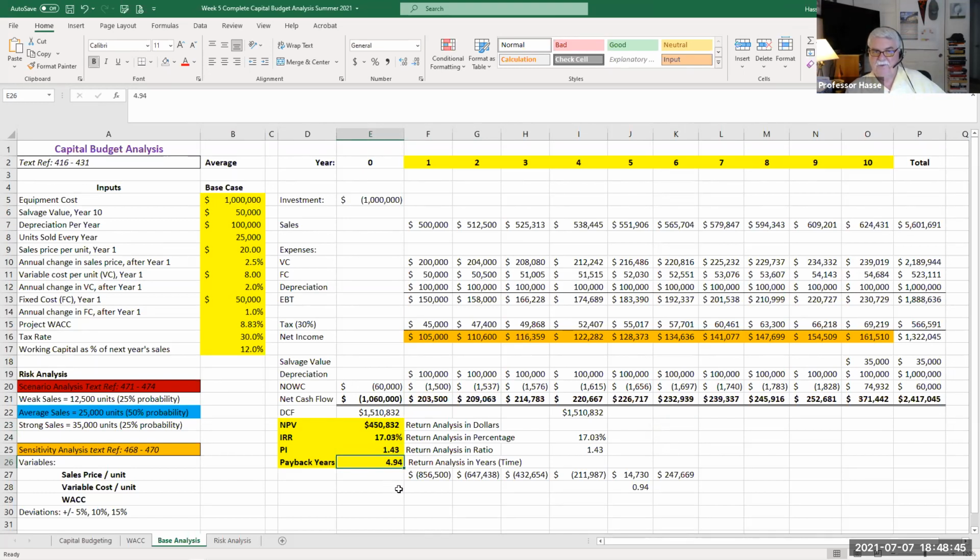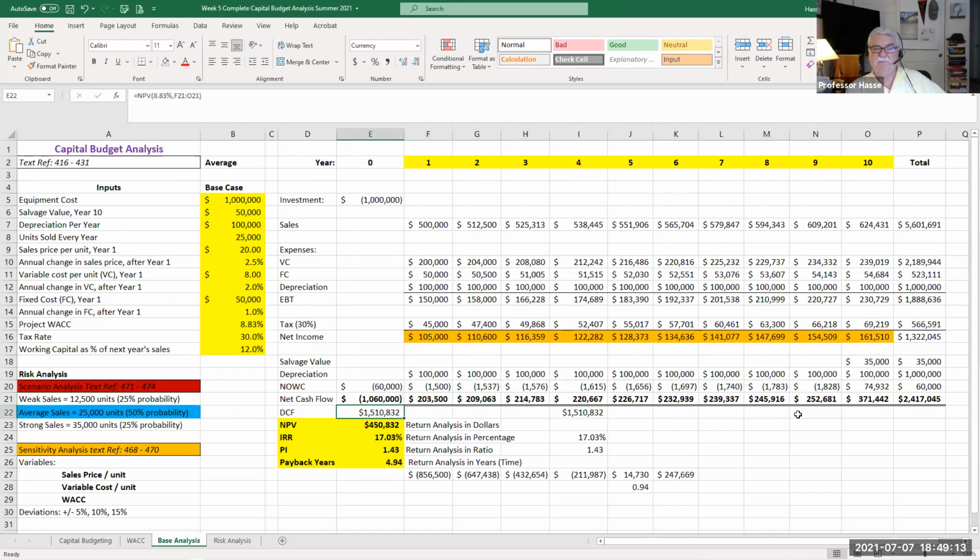So to refresh your memory, the net present value method is taking the discounted cash flow and comparing it to the net investment in year zero. The discounted cash flow is taking the 10 years of cash and discounting it back to today at 8.83%. That's $1.51 million.